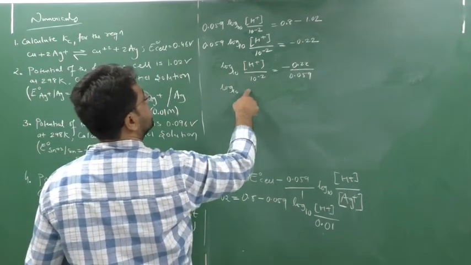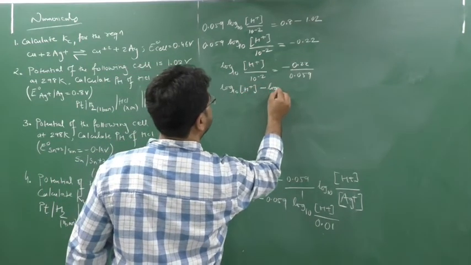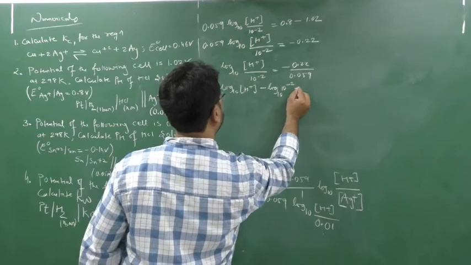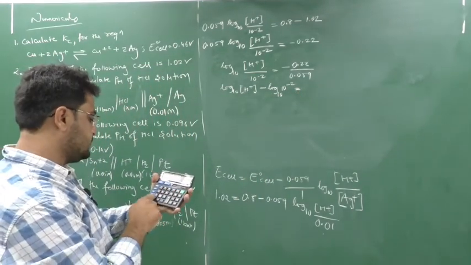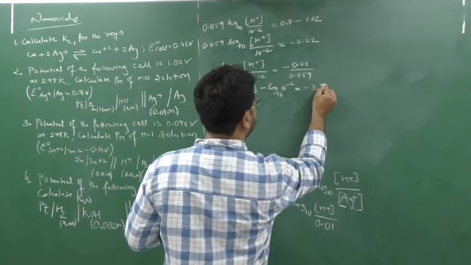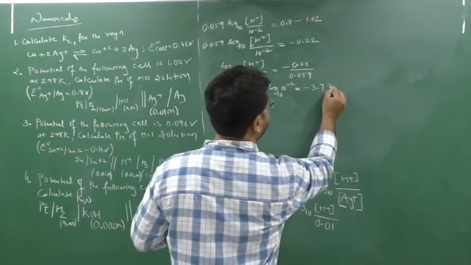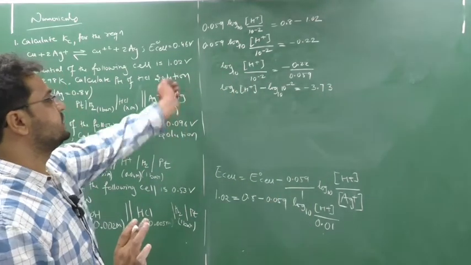See, log A by B means log A minus log B. So 0.22 divided by 0.059 gives 3.728, that is 3.73.